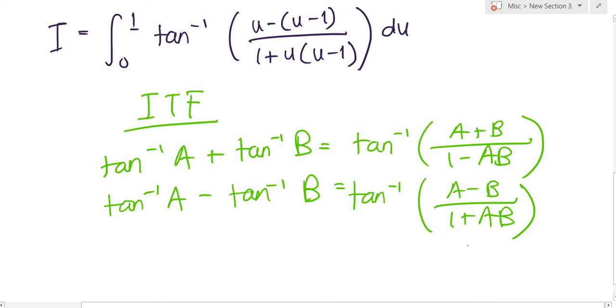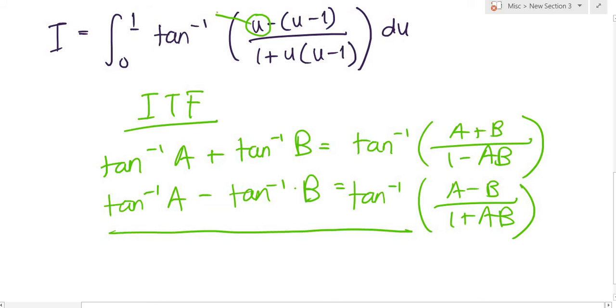Now let's look at the second formula. Well, looking at the second formula, we can compare this indeed with our integrand over here. Well, we had an A in the formula, and what do we have here?